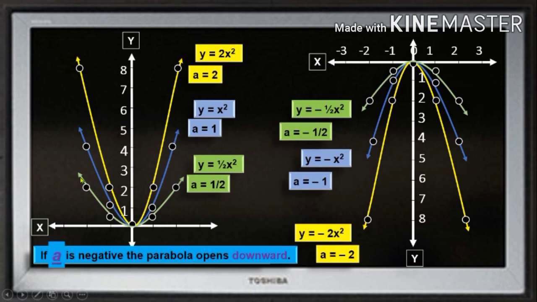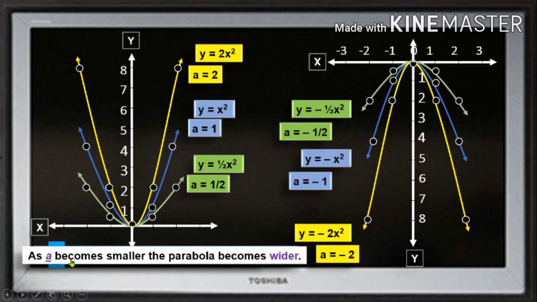This is the graph of a equals 1/2, this is the parabola of a equals 1, and this is the parabola of a equals 2. As we can see, the parabola of a equals 1/2 is wider than the other two. The parabola is wider when the value of a is smaller. As a becomes smaller, the parabola becomes wider.